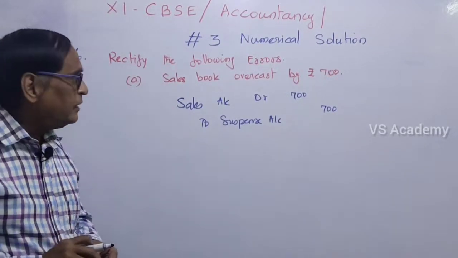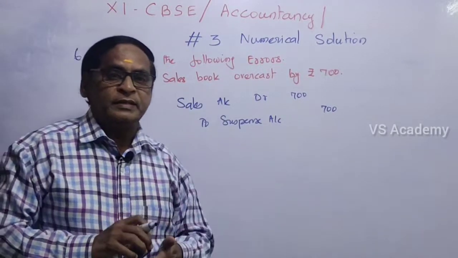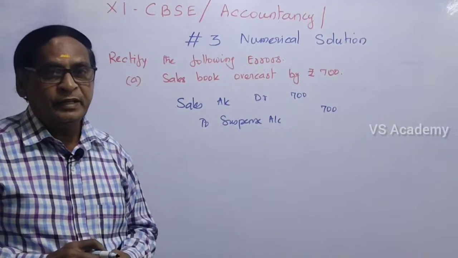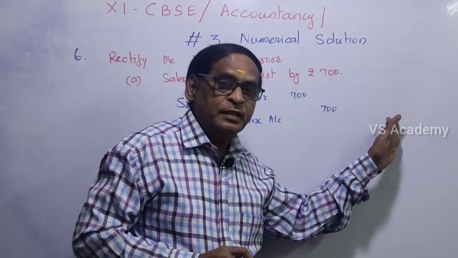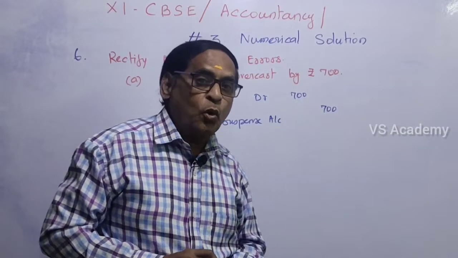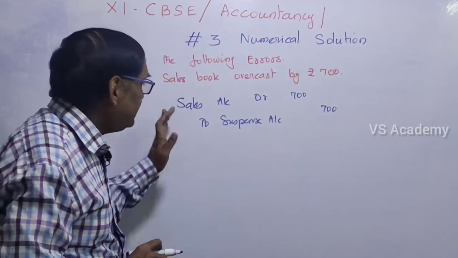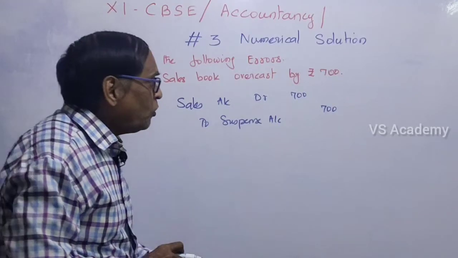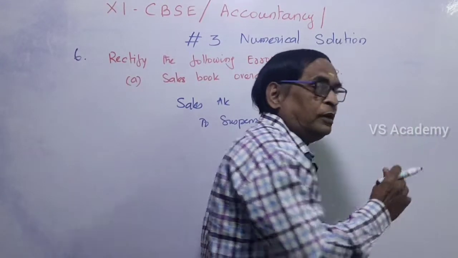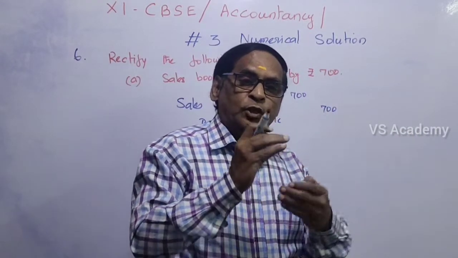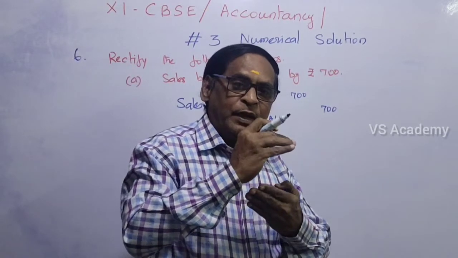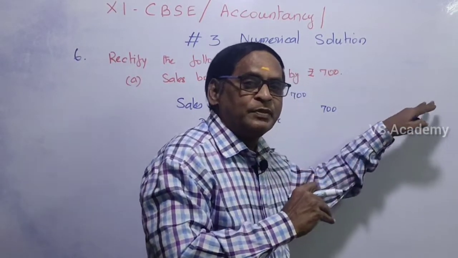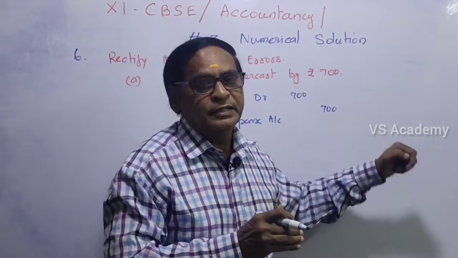But in case it is before trial balance, then what will be the journal entry? For example, before trial balance means we have committed the mistake in totaling in the subsidiary book of sales. Normally the total at the end of the month we have to transfer from the subsidiary book to sales account.